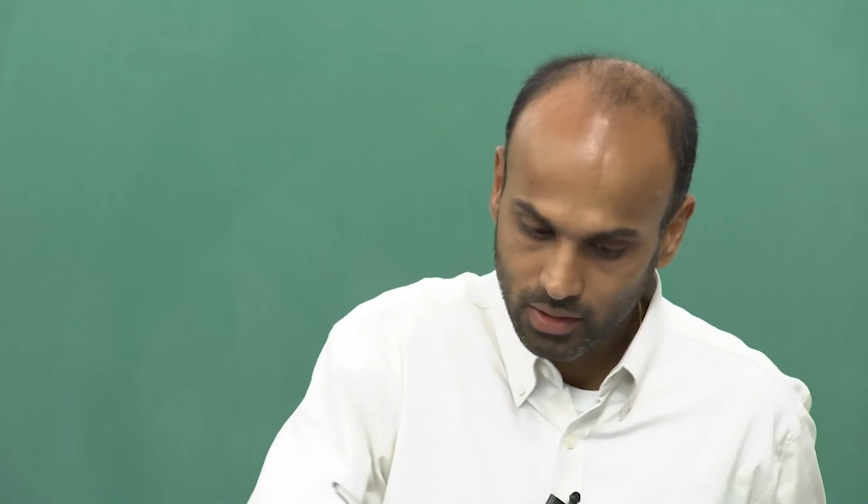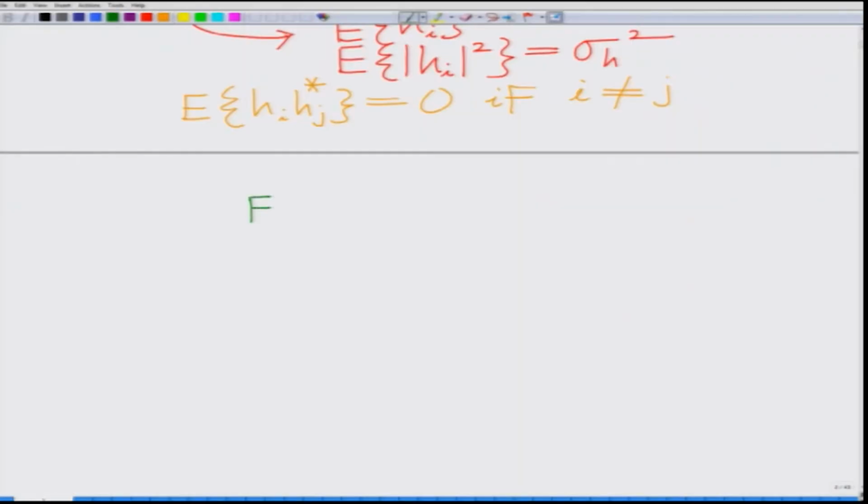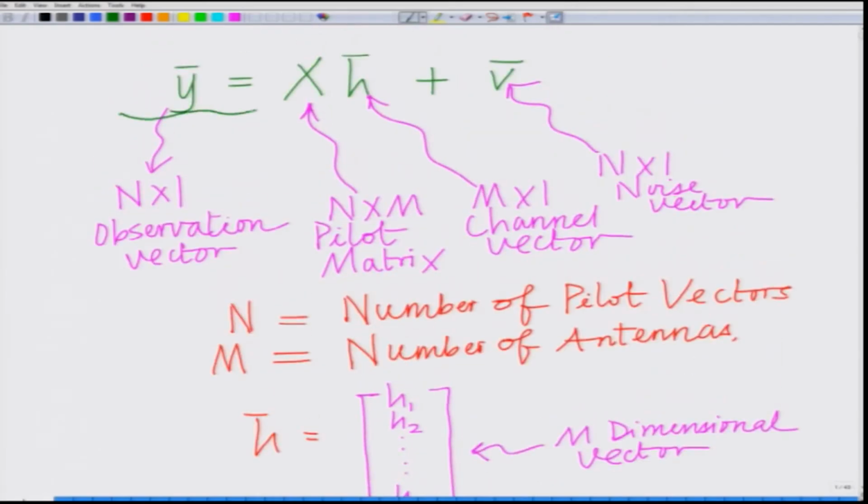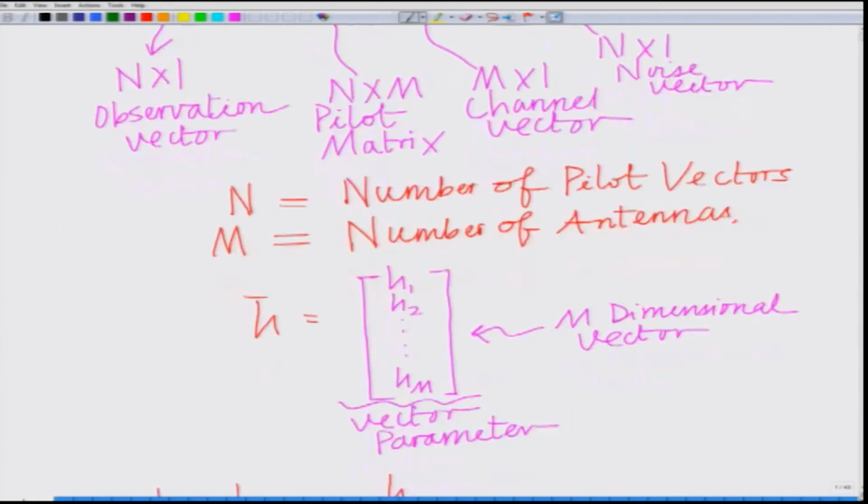We are considering a real estimation scenario so far, and therefore, if you look at the covariance, we have the expected value of h bar times h bar transpose, once again considering real parameters, that will be sigma h square times identity. Okay. And we also derived, for this model y bar equals X h bar plus v bar, the various quantities.